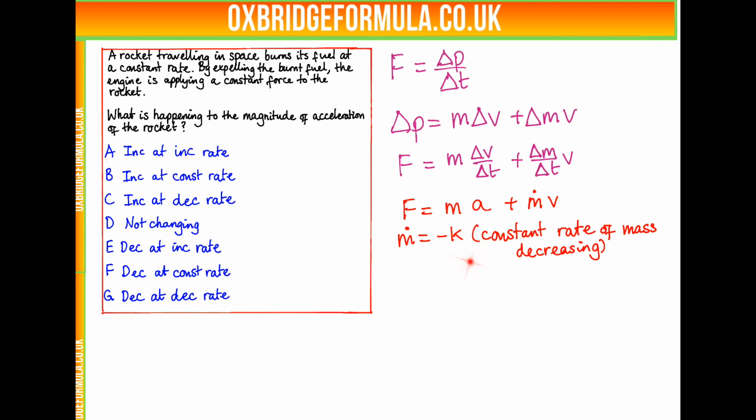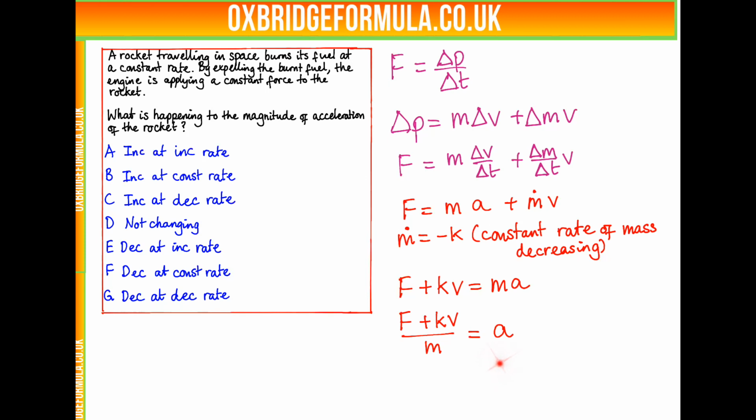If we rearrange this to get the acceleration, then we have F plus kv equals ma, and then F plus kv divided by m equals the acceleration. So what will happen to this acceleration over time?